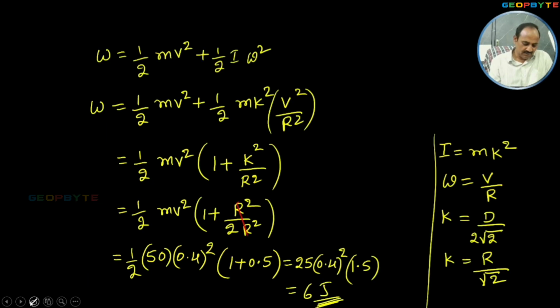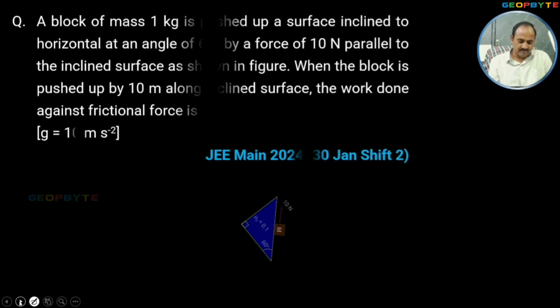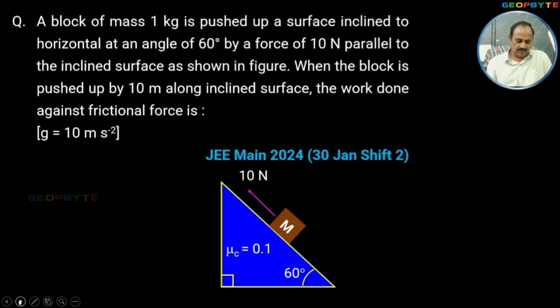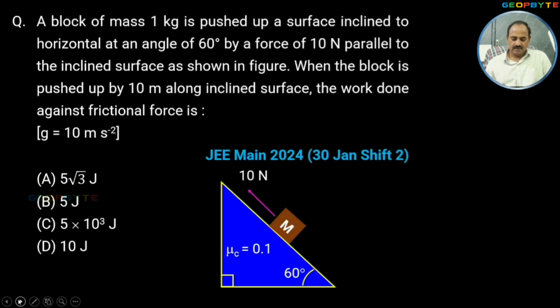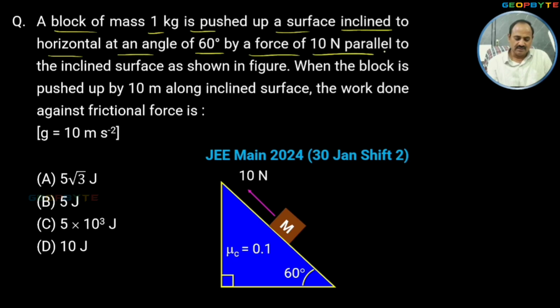Yes. Similarly, let us take another important problem. Try to read this problem. It is asking like this. A block of mass 1 kg is pushed up a surface inclined to horizontal at an angle of 60 degrees by a force of 10 newtons parallel to the inclined surface. Look at the force.